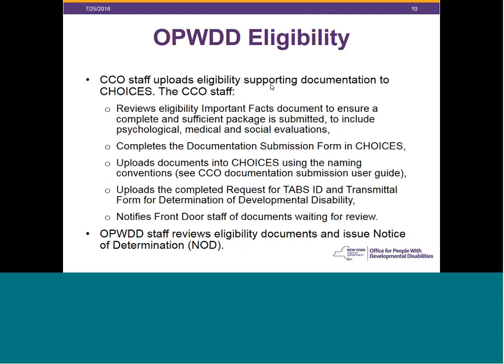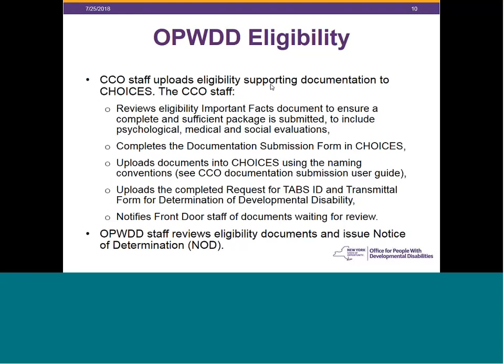For example, the psychological and the medical and the social evaluations. Just to make mention, the streamlining of LCED and eligibility is right now in process. So the documentations that are going to be submitted for eligibility will also be used for LCED.